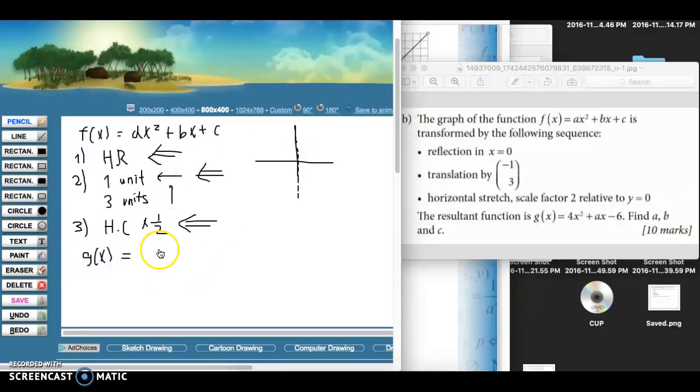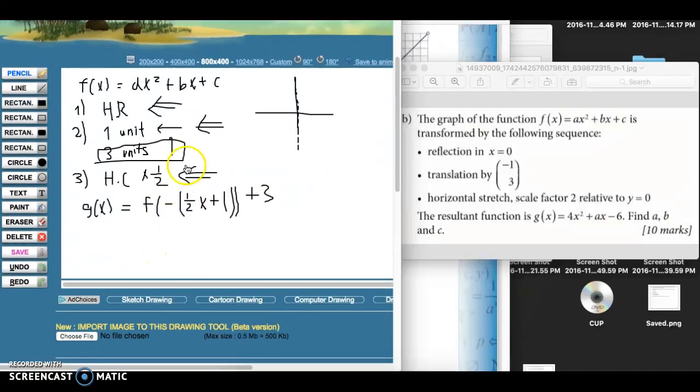So we have f of 1 over 2x first, and then to translate something left, we have to add 1. And then we have a horizontal reflection, so the negative is going to be inside the bracket. If it was vertical, it'd be outside. And then we have a vertical component, so it's just plus 3.